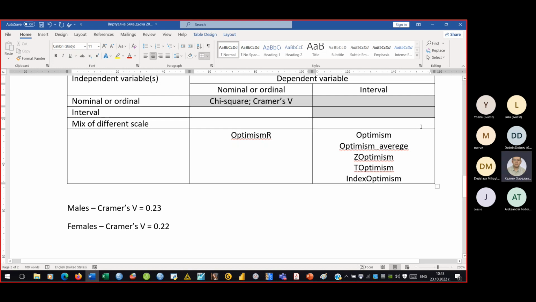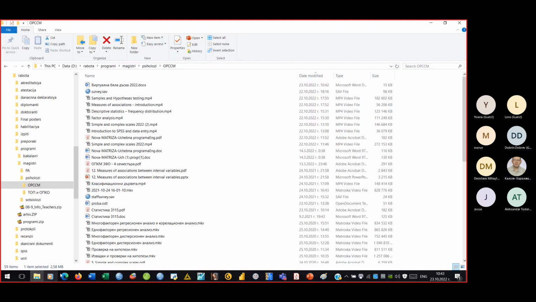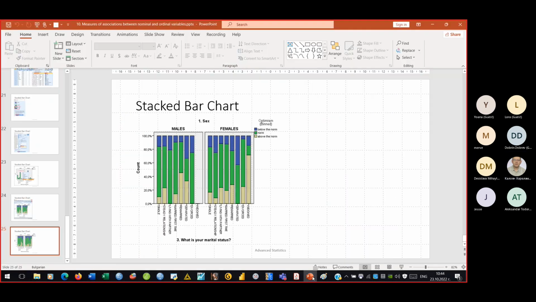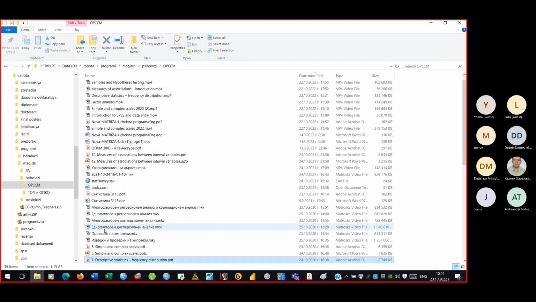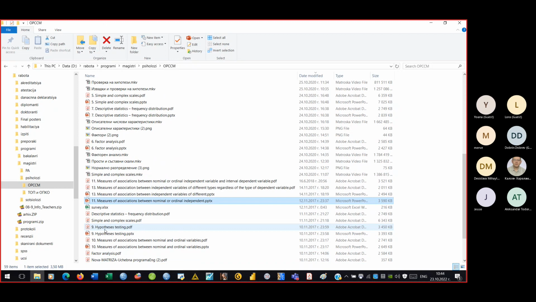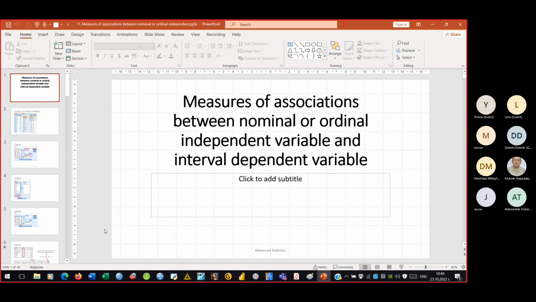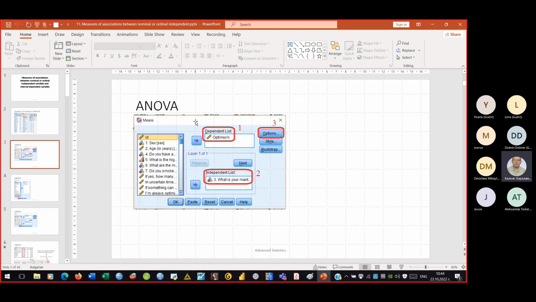But for our examples in the presentation is chosen optimism, the basic variable for optimism, the raw scores of optimism.